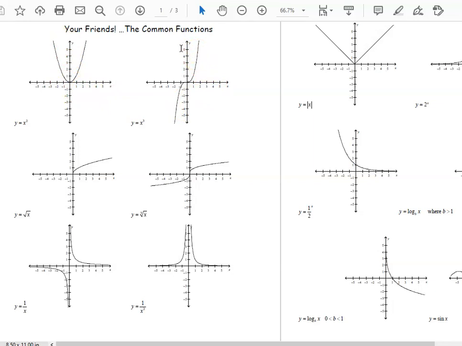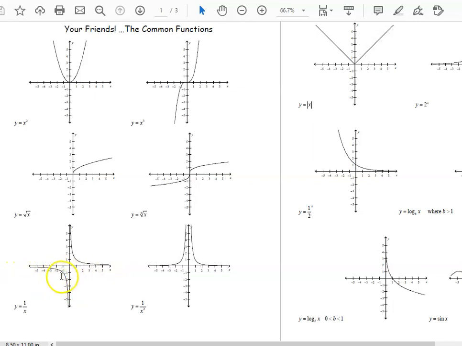Excuse me. So for this y equals x cubed, every point xy, you go through the origin, has the point negative x negative y. That's symmetry with respect to the origin. For the square root, there is no symmetry. For the cube root, every point xy has a point through the origin, negative x negative y, so this is with respect to the origin.